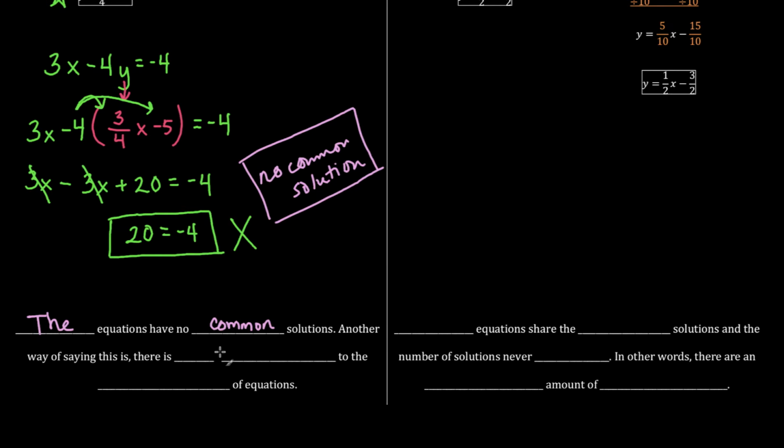Another way of saying this is there is no solution to the system of equations. I can do better, but I'm just going to leave it alone. Okay. There's no solution to the system of equations.